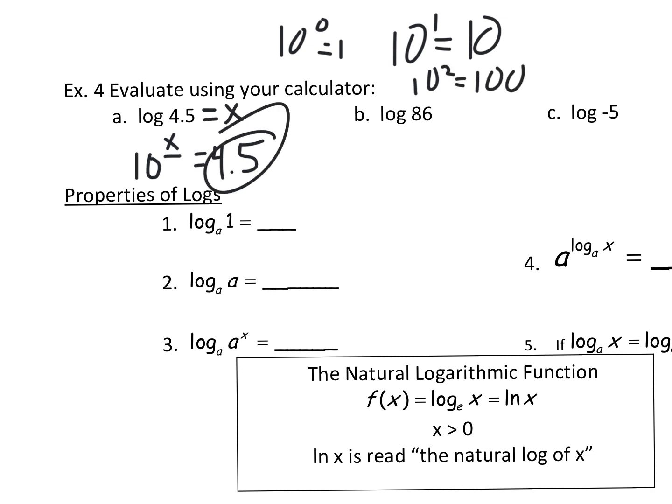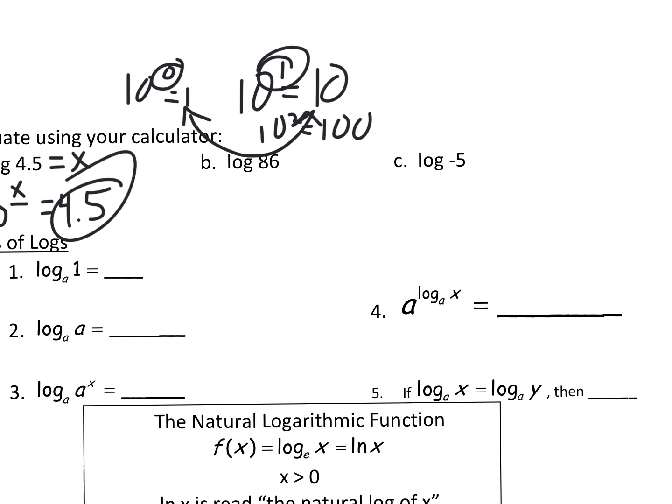So we look at if we have 4.5. 4.5 is somewhere between 1 and 10. So therefore the exponent is going to be somewhere between 0 and 1. I don't remember what it is offhand. I think it's like 0.67 or something like that. I don't have it in front of me. I don't have a log calculator, so you can just easily plug it in and see what it is. And also the completed notes will be posted, which will have the answer.